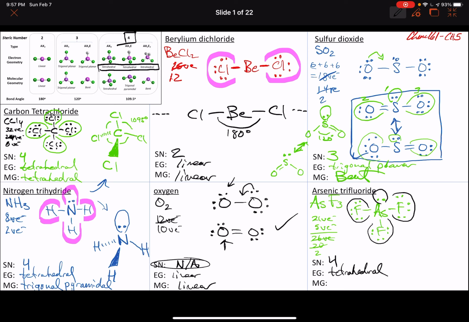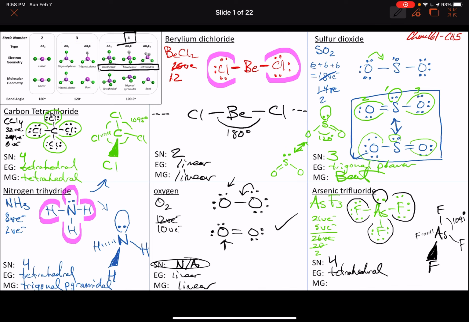So to draw this, we would put the arsenic in the middle, 1 fluorine atop, 1 on an angle at about 109.5 degrees away. And then we would send 1 fluorine to the back and bring 1 fluorine out of the page here.